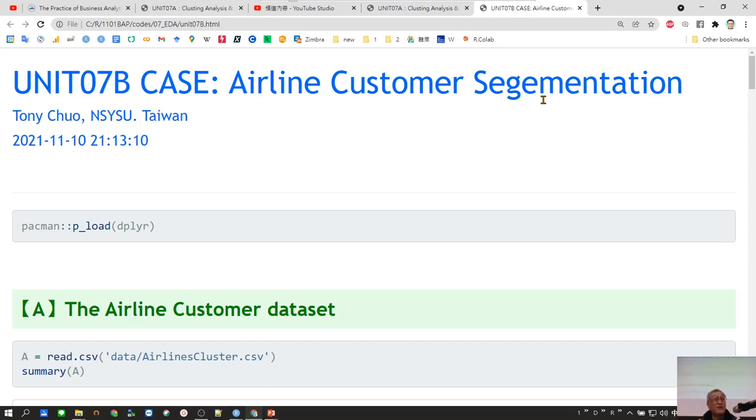If you only can do segmentation, then, but for a complete marketing strategy, you need to cover STP, right? So you only have segmentation, then how can you do targeting and positioning?